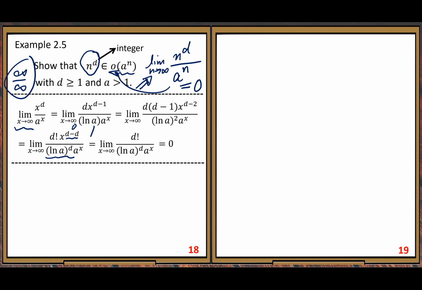After we complete the proof of this one, we can modify. So this d is not necessarily an integer. That could be any positive real number. Because if it's not an integer, we can find it must be between two adjacent integers, right?